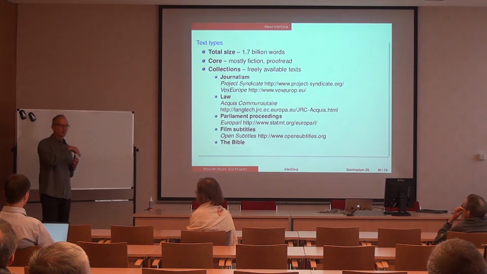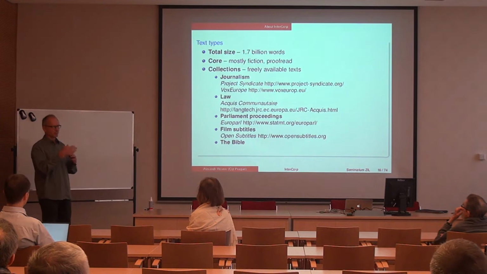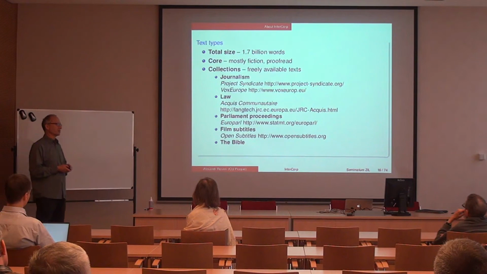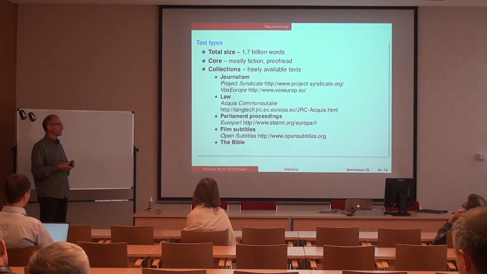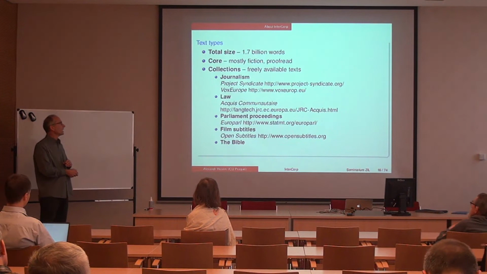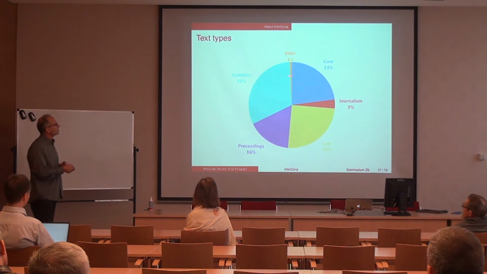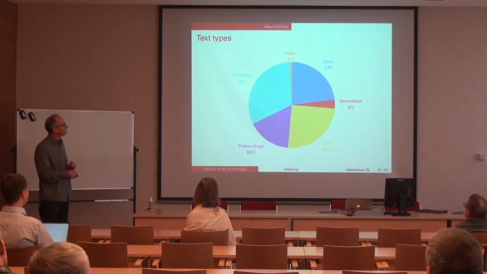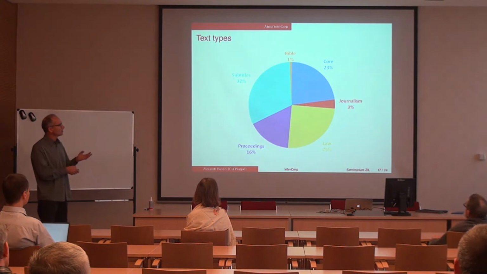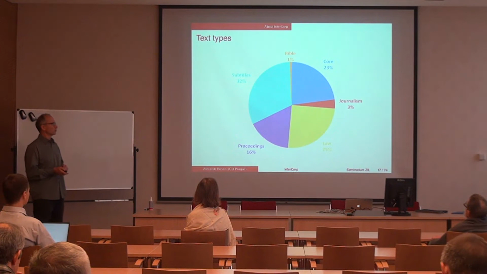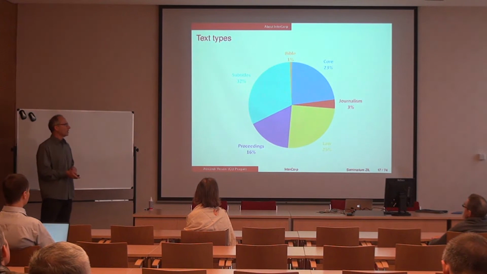You can have interpreters' logs or something like that, but film subtitles are readily available, and that's quite a lot. And the Bible, that's the most recent addition. So this is about the text types. You see subtitles are quite a big part. The core not so much, but that's probably most important for most users.